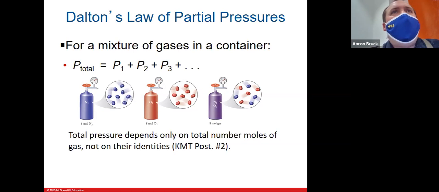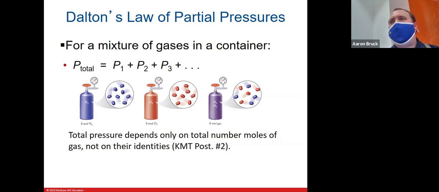But what we can look at is the total amount of pressure that is impacting you right now is equal to the amount of nitrogen that's hitting you, plus the amount of oxygen that's hitting you, plus the amount of carbon dioxide, plus all the other trace gases together. Those collectively make the air pressure together. And that's what Dalton's Law of Partial Pressures talks about.